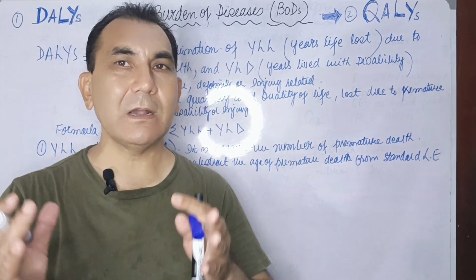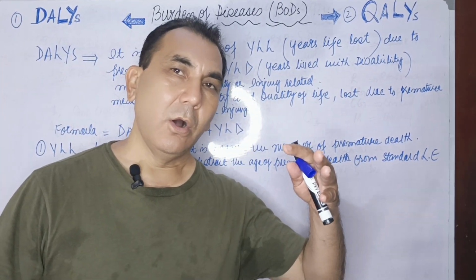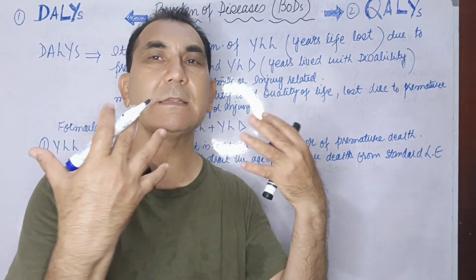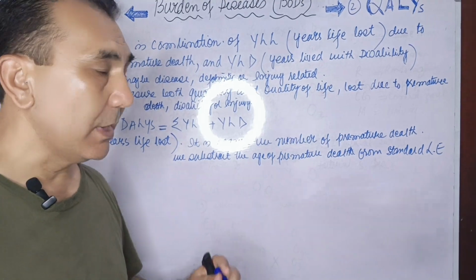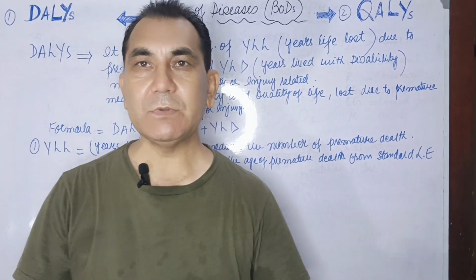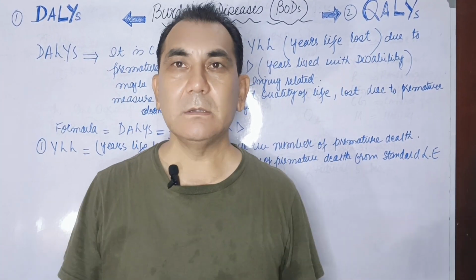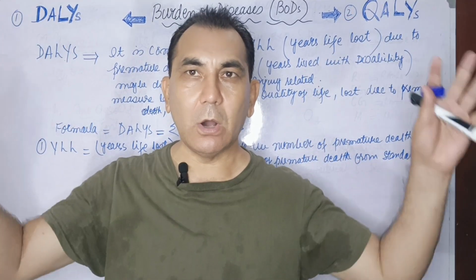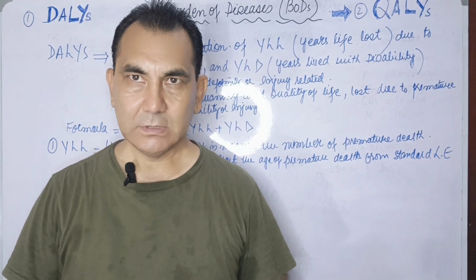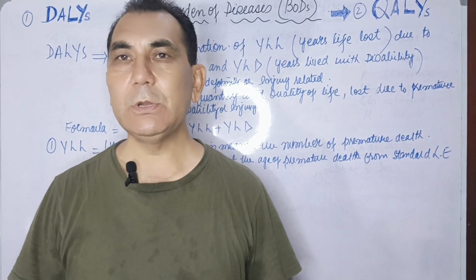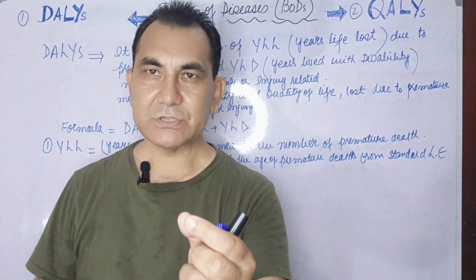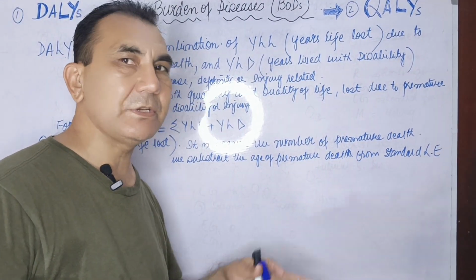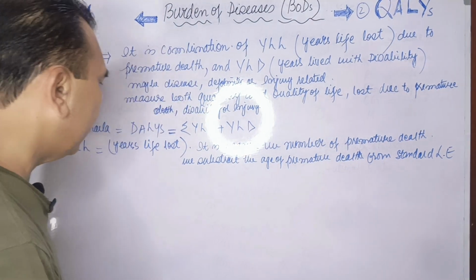Standard life expectancy, according to WHO, of that particular country. Every country has a standard life expectancy, which is calculated as the mean from the life expectancy of all registered members of the WHO. But here we will take the standard life expectancy of that particular community.